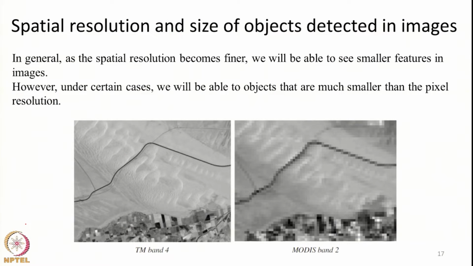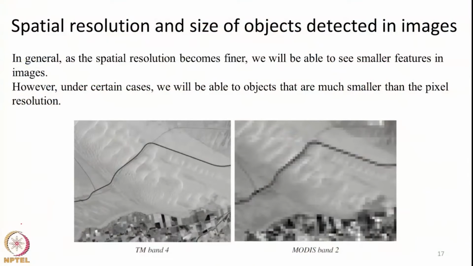If the pixel size is, say, 30 meters, we may not be able to identify objects of 10 meters by 10 meters, most likely. But under certain circumstances, we may be able to clearly identify objects that have a much smaller size than the pixel size as well as the GFOV size of the system.